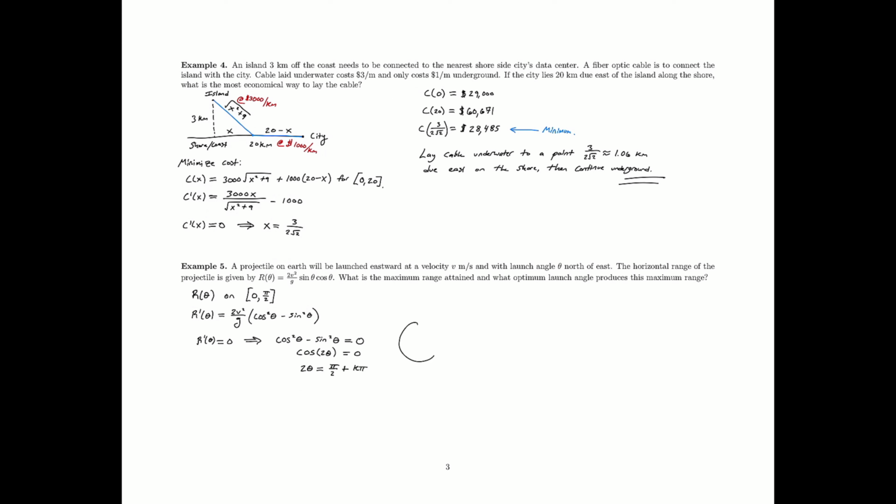Right? Because cosine is 0 at the top, that's pi over 2, or you can rotate by pi, end up down here, that's 3 pi over 2. Or you can write this as pi over 2 plus pi. Or all the way back up again here, which would be 5 pi over 2. And then you can keep going all day.